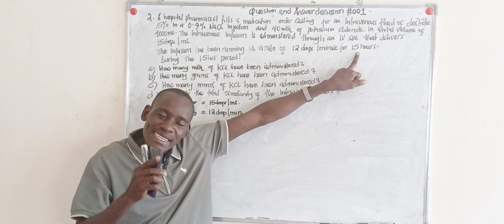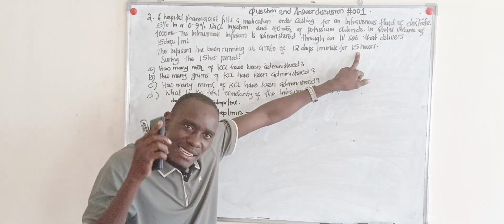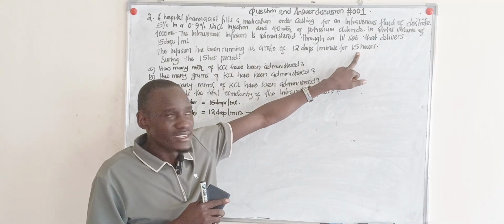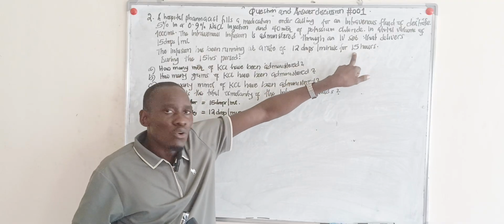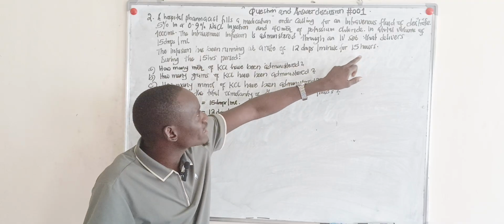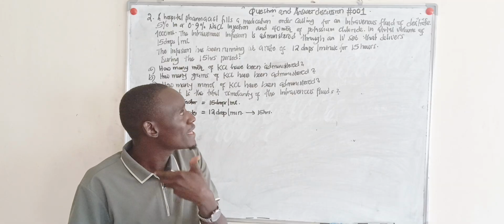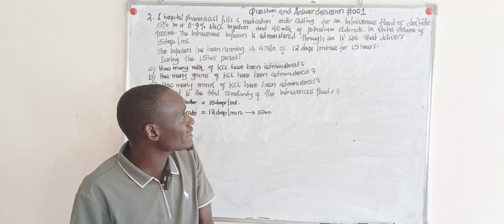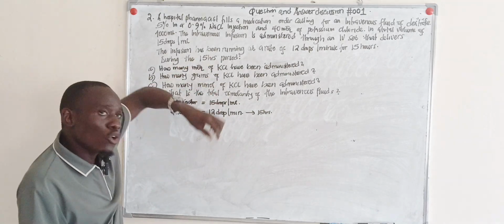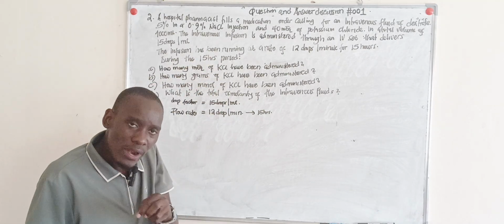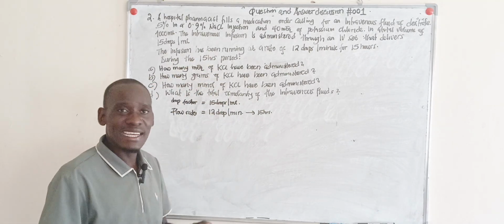That is the first guiding aspect of it. After obtaining the volume of the solution that was administered in 15 hours, we shall be able to know the amount of potassium chloride that is in that volume.